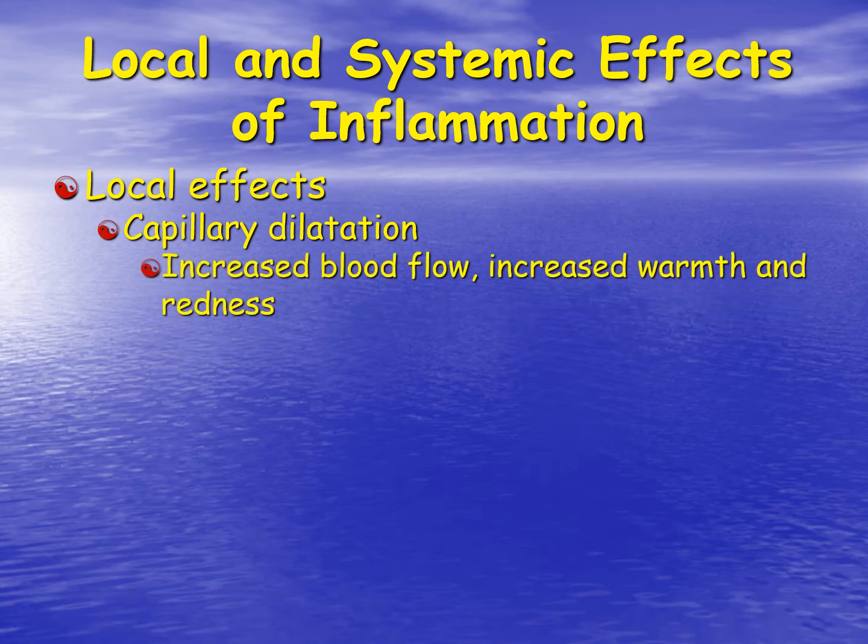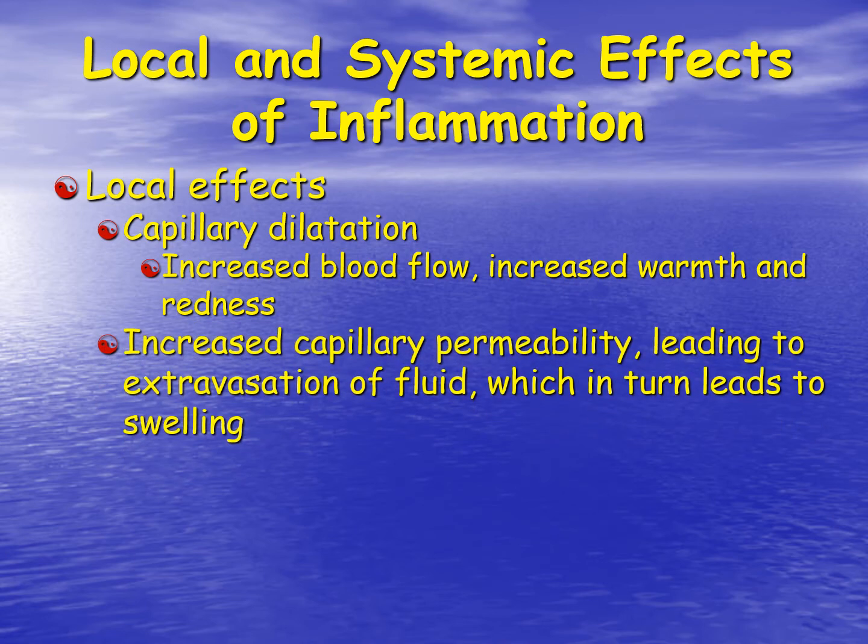This will cause increased blood flow, increased warmth, and redness in the area. Also, as the capillaries increase in diameter, this will cause the endothelial cells to spread apart from each other slightly, and this will increase capillary permeability.